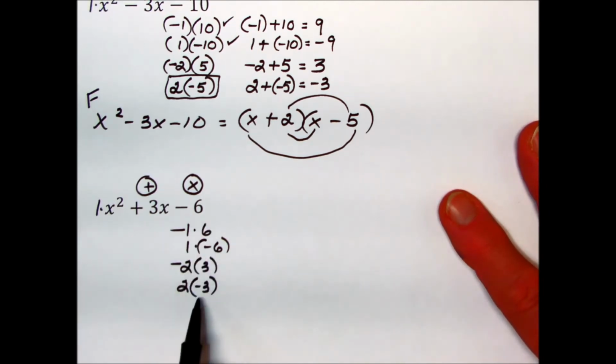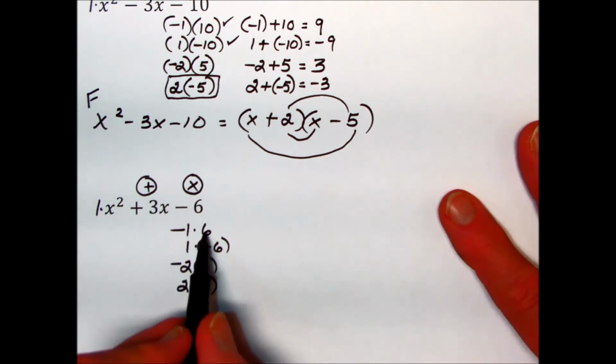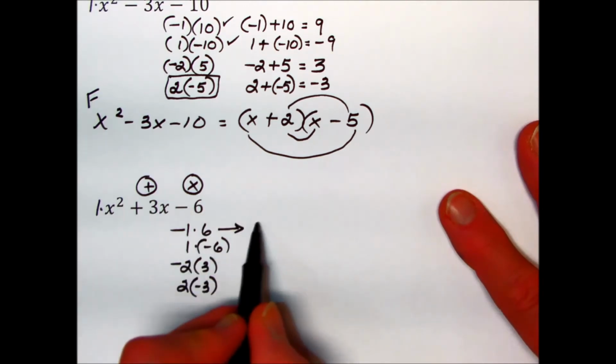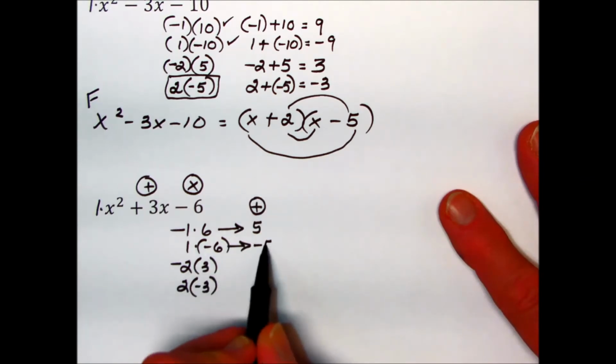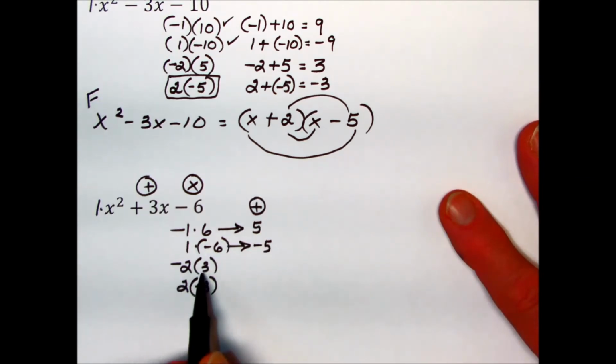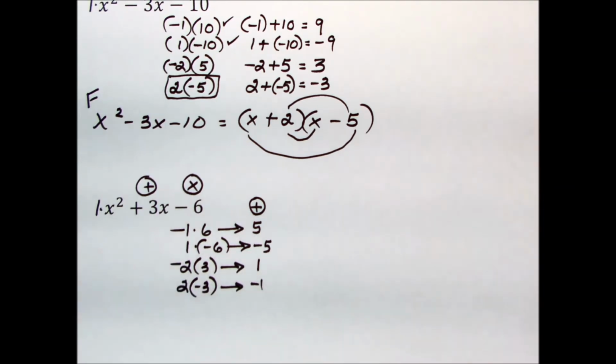We're looking for which one of these adds up to be the 3. Not here. This would add up to be a 5. This is negative 5. Adding here, we end up with a positive 1, and adding up here, we end up with a negative 1. We were looking for a 3.